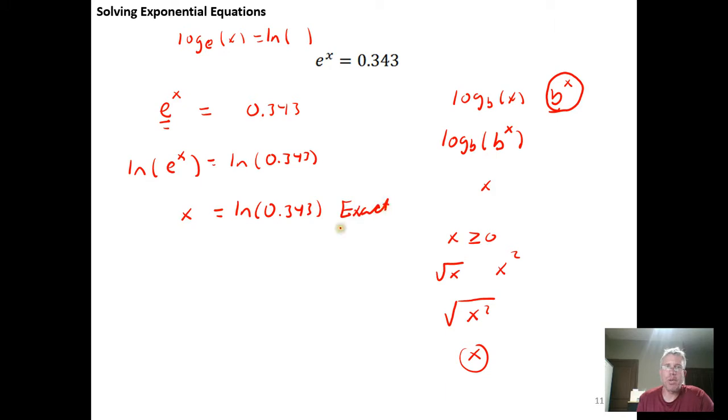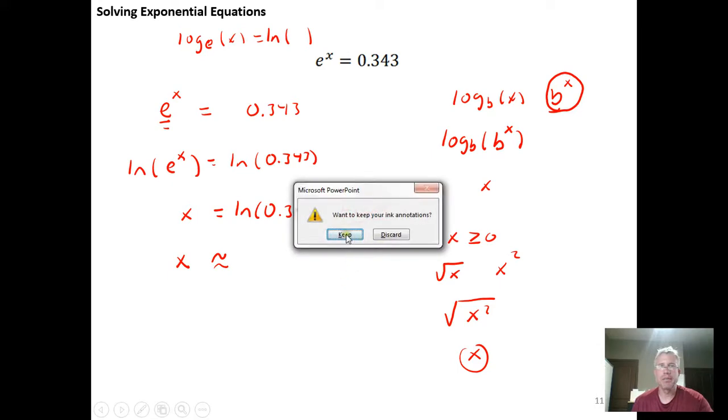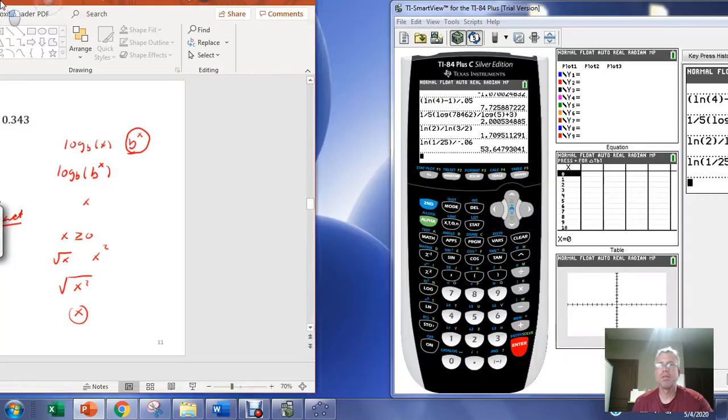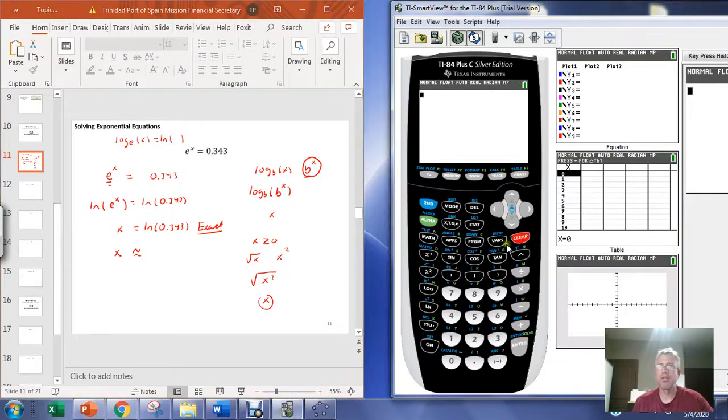And this is the exact answer. So if you're in a homework problem where they ask for an exact answer, this is it. If you're asked to approximate, you would put your approximation symbol in. You would go to your calculator, and we would put in the natural log. Here's our natural log key.